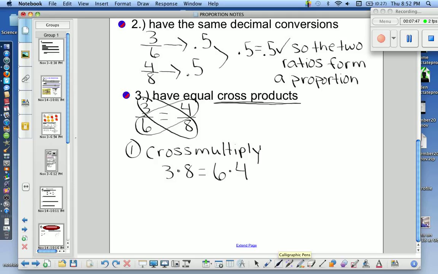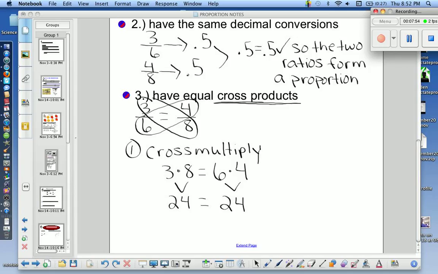Let's pause the video to make sure everybody has done so. Okay, so we cross multiplied and we got 24 equals 24, because 8 times 3 is 24 and 6 times 4 is also 24. Now we're going to stop the video, and we'll start it over on the next video, when we'll finish this problem.